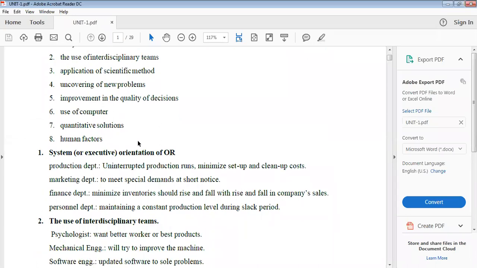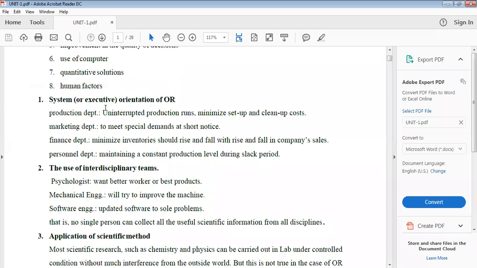Human factors means the personal factors and surrounding factors, such as pollution. The people around the factory may protest if your factory delivers harmful gases or compounds. So these are the human factors that will affect it.